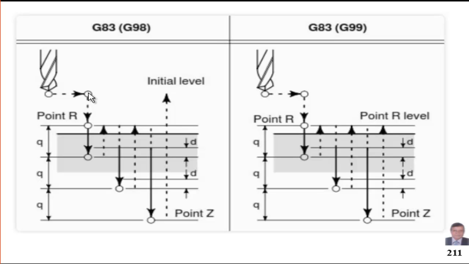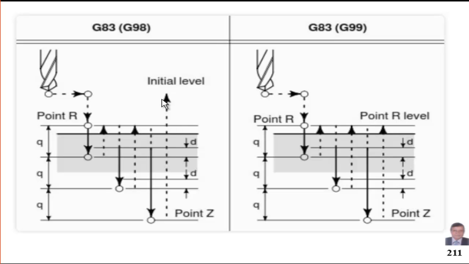First of all, we do a first peck, and the amount of Q as you program as you like. In the previous example, it was 0.25. So the amount of feed will be 0.25, then retract. Then another peck, adding another 0.25, another Q. Then retract. Then again another Q. Then retract.